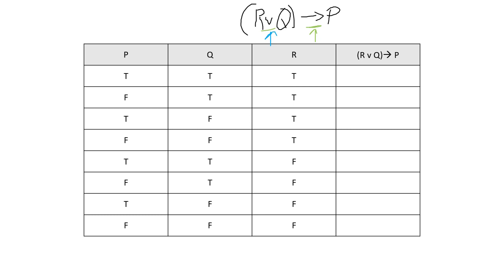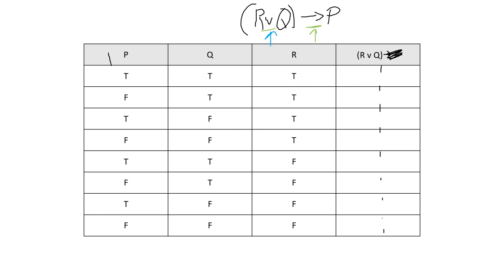So what we're going to do is we're just going to drop down some dotted lines. And we're going to ignore this arrow and the P for a second. And we're just going to evaluate the R or Q to get the value for just the wedge.